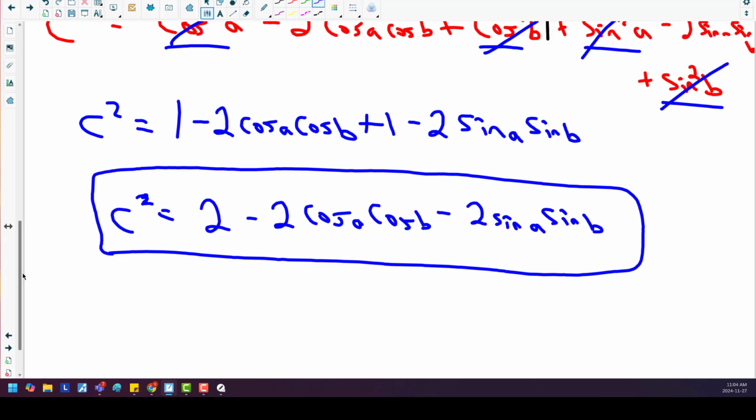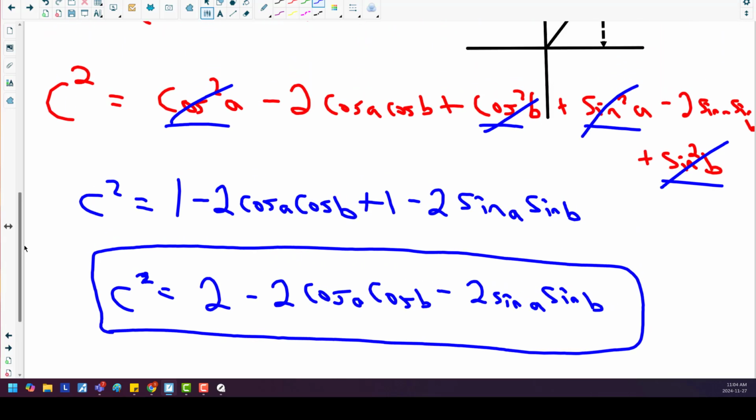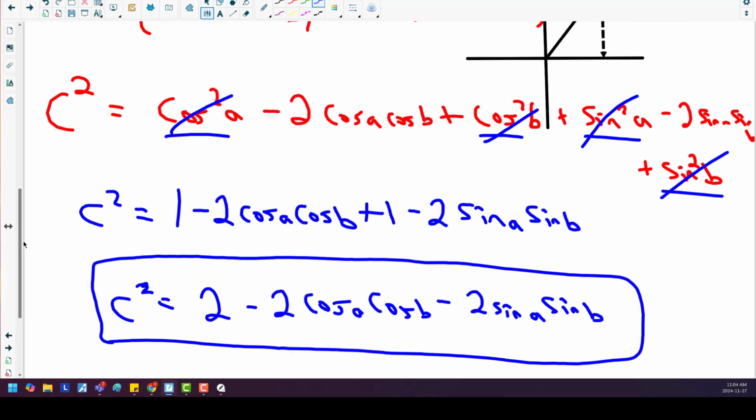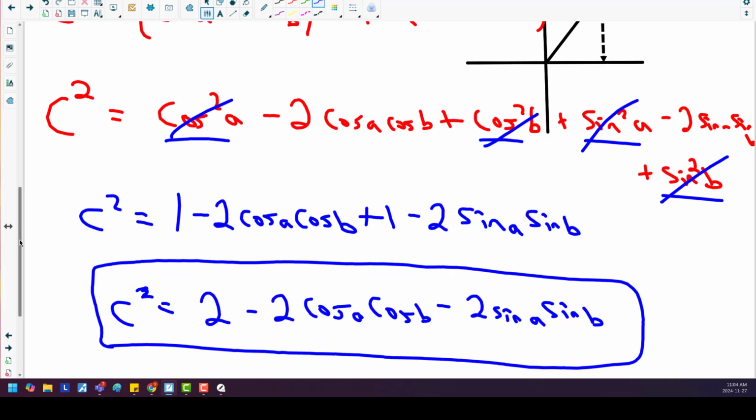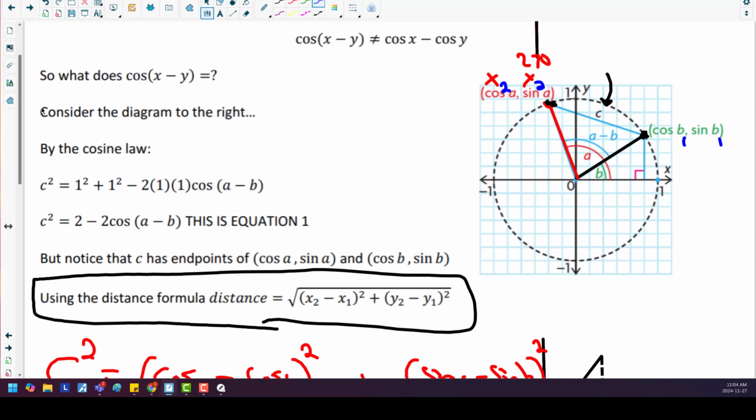This is one equation. So we use the distance formula to solve for an expression for our c value, or c squared value. Another thing that we can use is cosine law. This is a triangle.